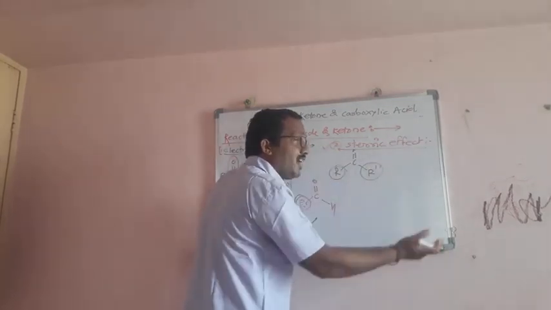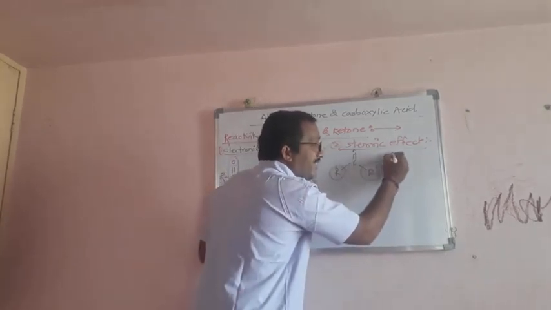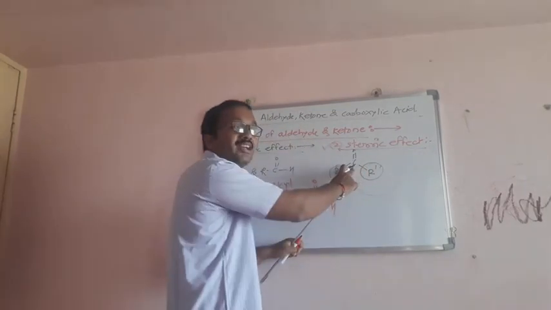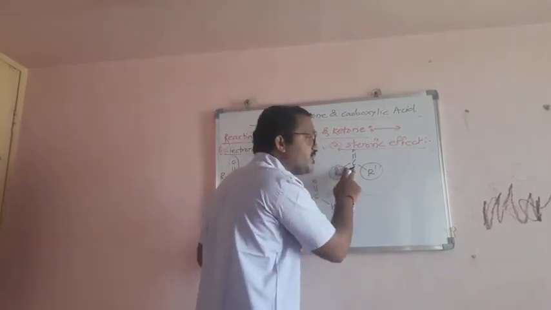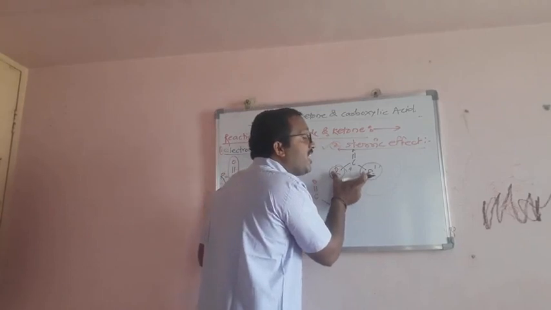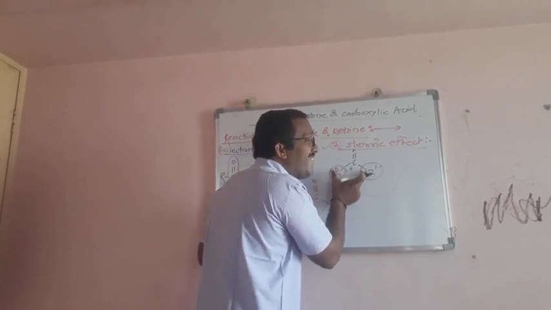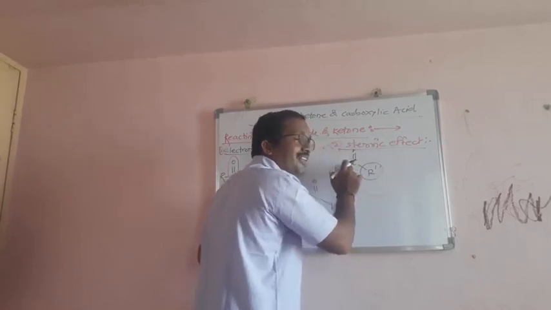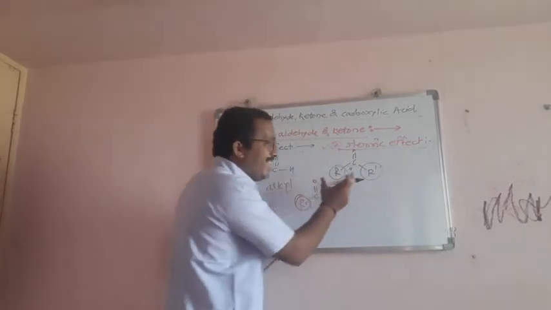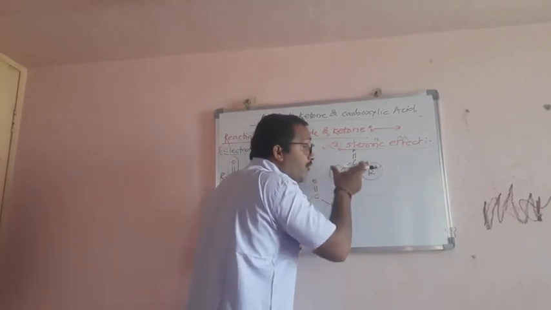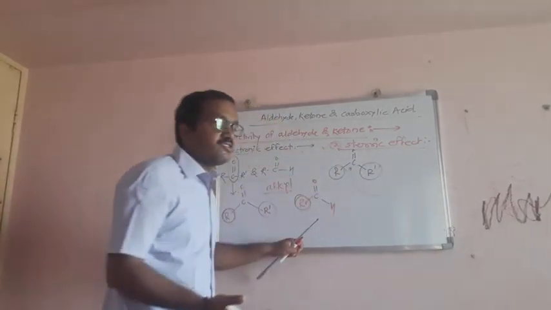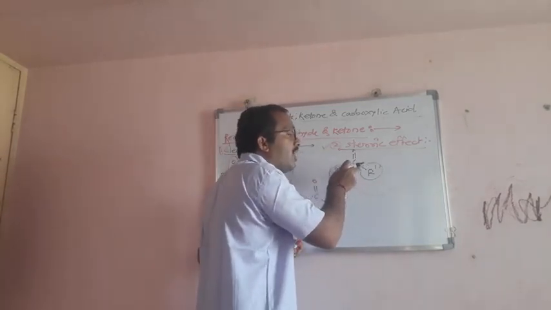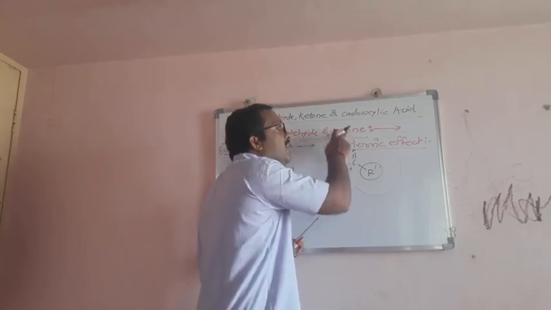When it reacts with a nucleophile, the nucleophile does not easily attack this carbonyl carbon, which is positively charged, because the heavier alkyl groups are in the way of the nucleophile's attack. There is a formation of steric hindrance because of the bulky groups attached to the carbonyl carbon of the ketone.